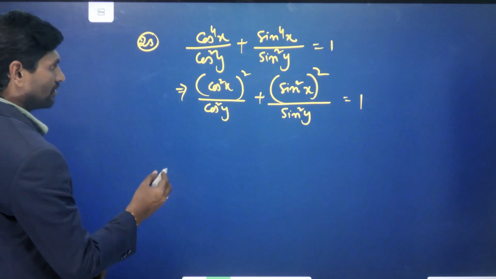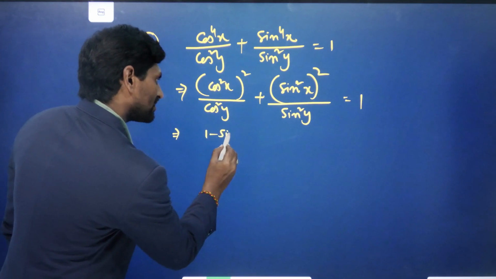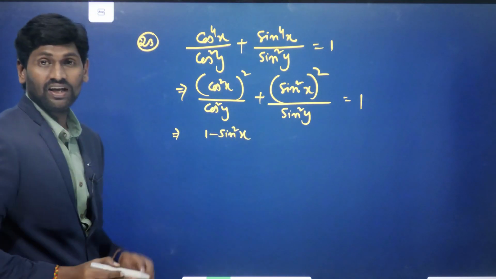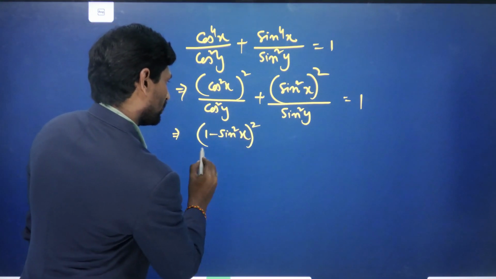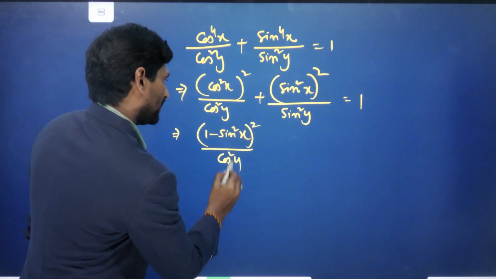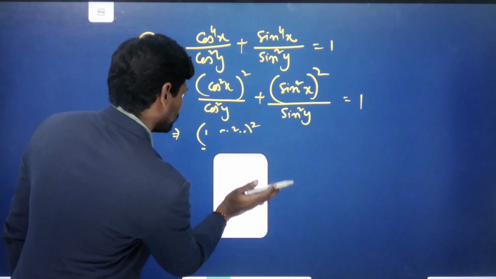Now this one I am going to write as 1 minus sin square x, from the trigonometric identity, by cos square y. Also I am changing cos square y.